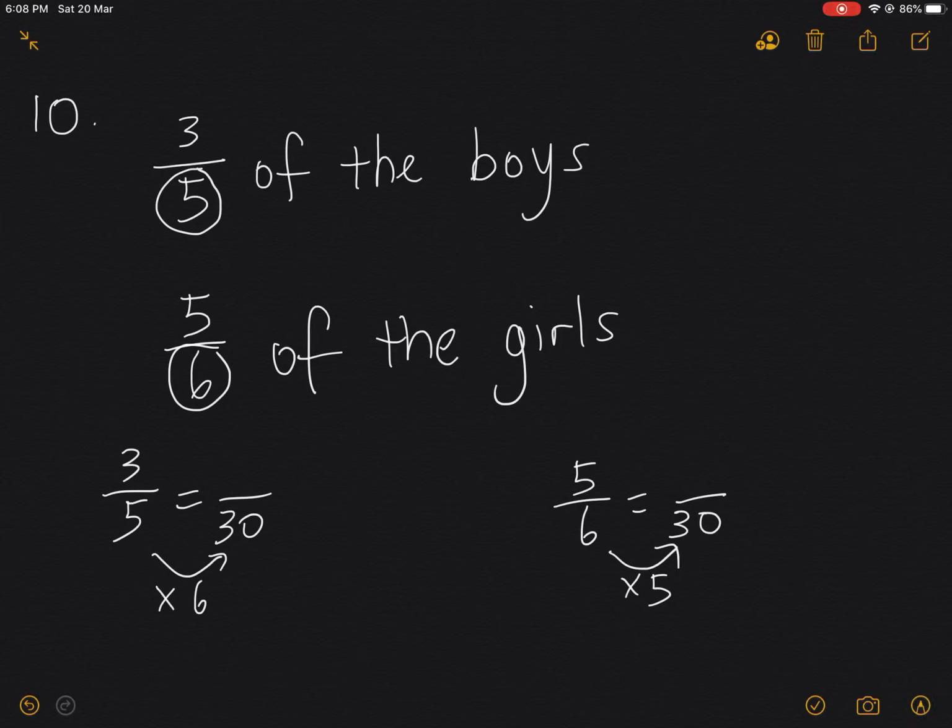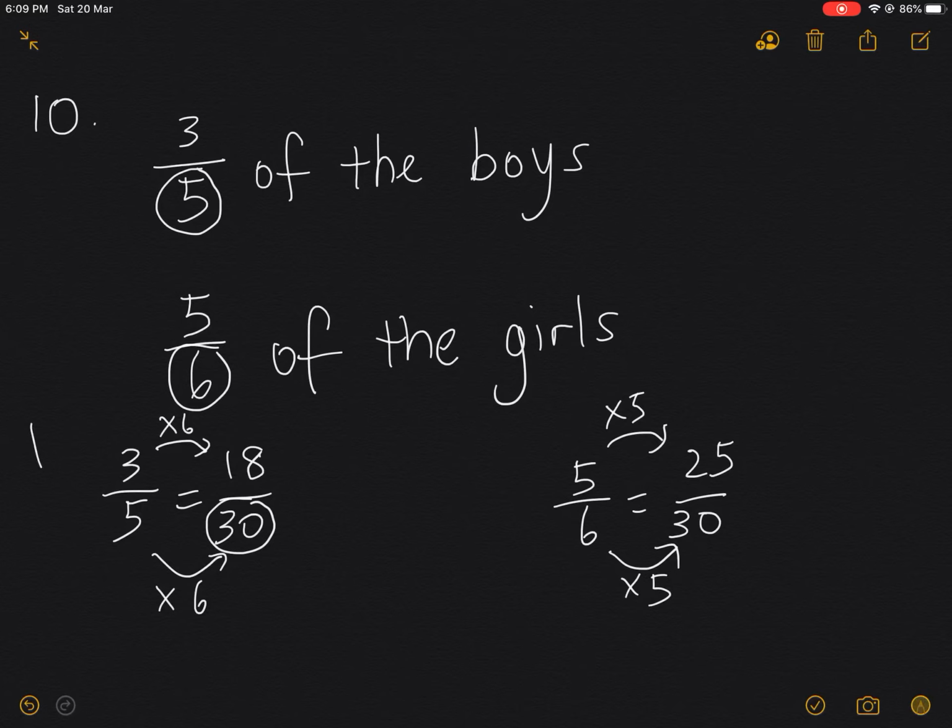This side, if you times 6 to get 30, the numerator also has to times 6 to get 18. And 6 times 5 to get 30, the numerator also must times 5 to get 25. Meaning out of 30 units of boys, 18 units of boys remain in the hall.